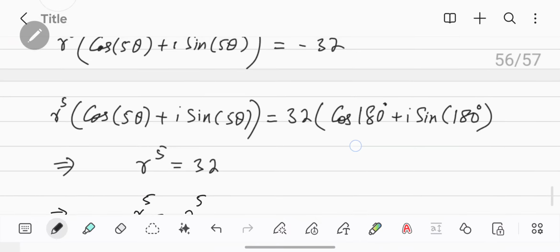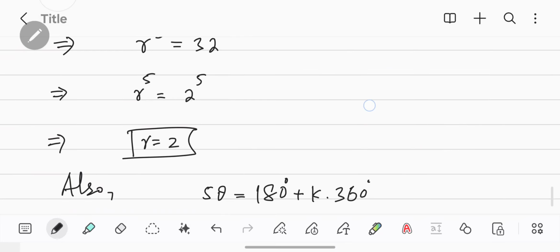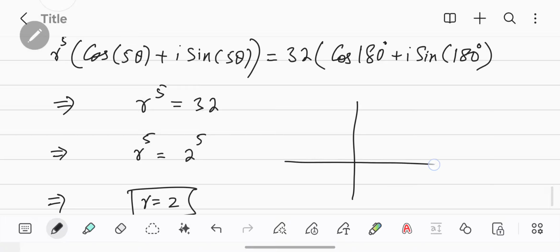From this equation you can realize that 5 theta equals 180 degrees. But I have told you in a couple of videos ago, if you measure an angle, for example this angle, it is theta.